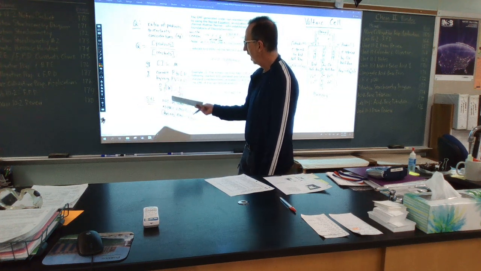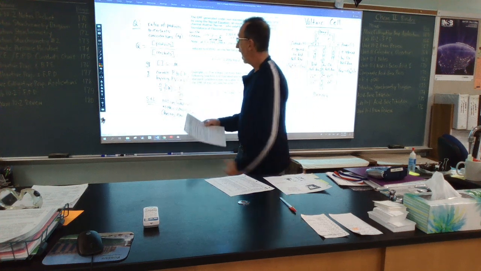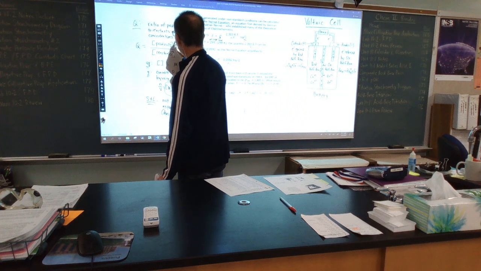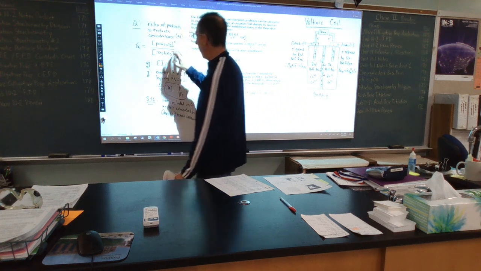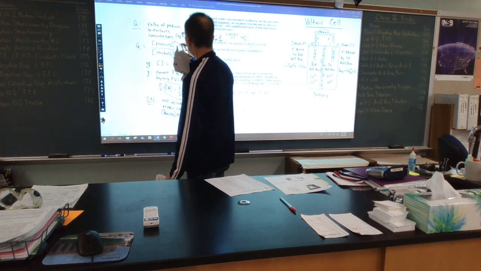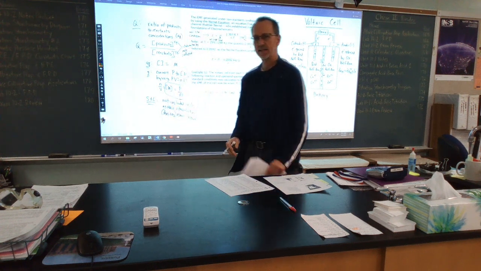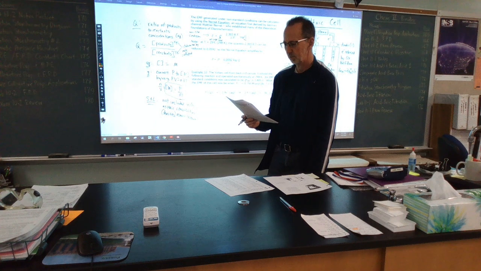But anyway, solids and liquids are not used. Now, there could be an exponent up there, and that exponent is determined by the mole coefficient in the balanced equation. If that comes up, we'll talk about it in our example here.